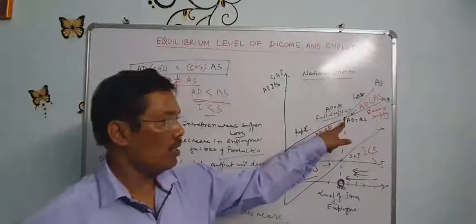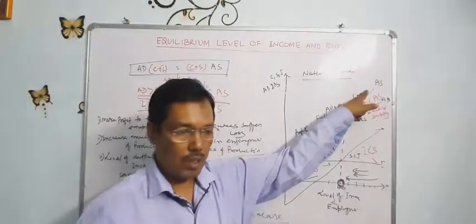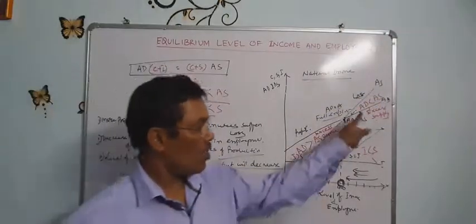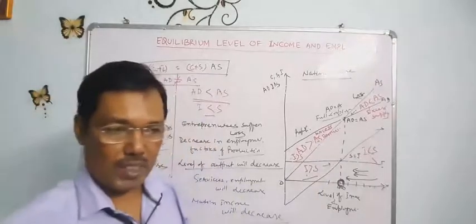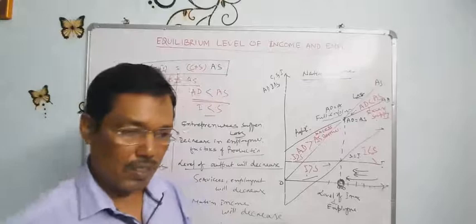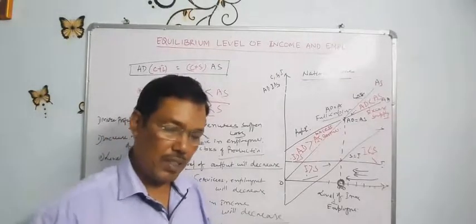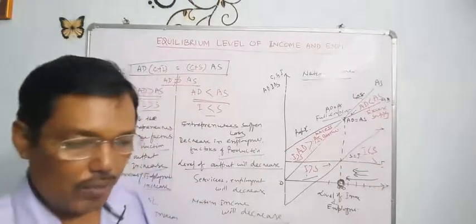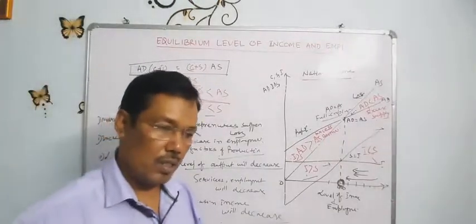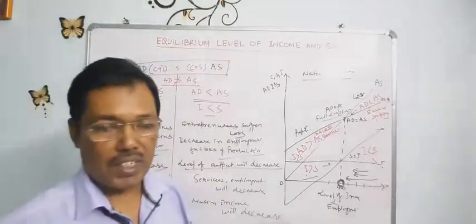After that, AS is more than AD as per our curves, so during that period there is no demand. Suppose there is a cement factory producing 50,000 tons of cement, and if these 50,000 tons are not required by our country, they may be exported to foreign countries.